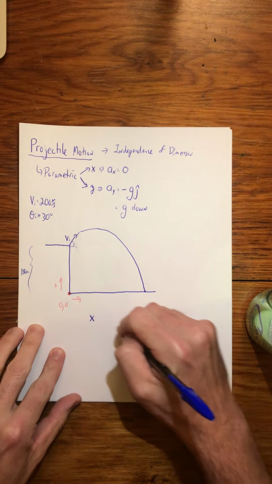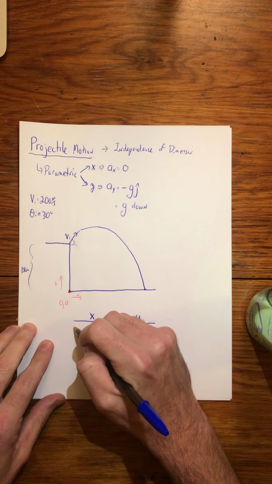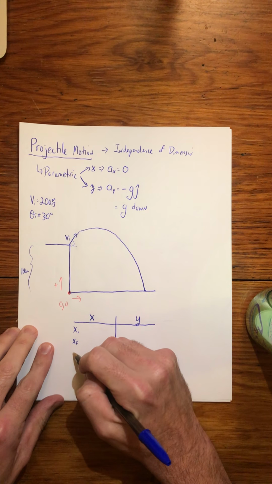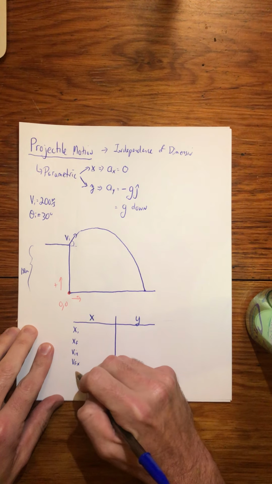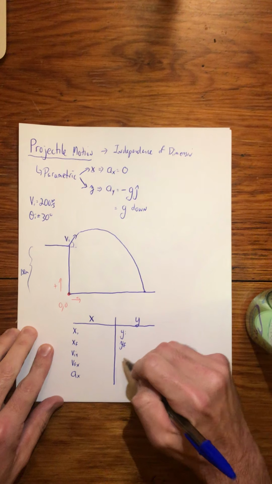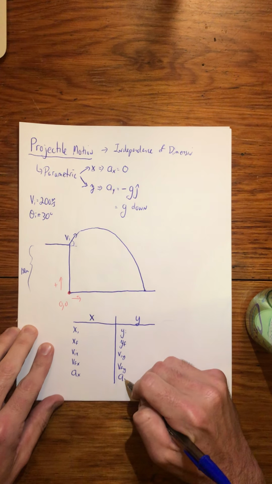We're going to partition by dimension. And I'm going to write down my knowns separately for x and for y. So xi, xf, vix, vfx, ax, yi, yf, viy, vfy, ay.